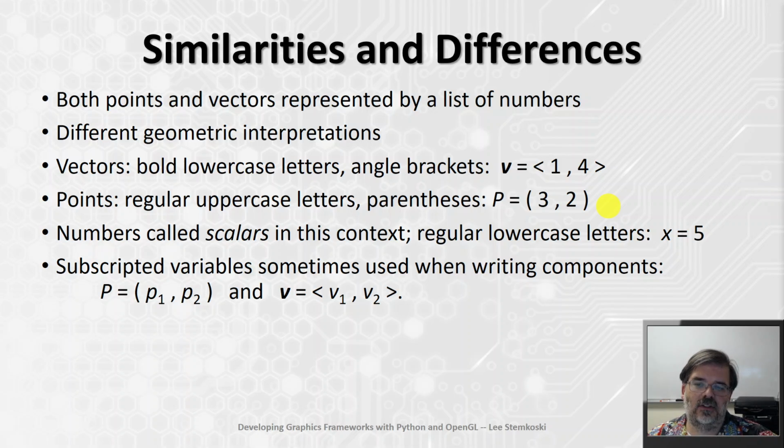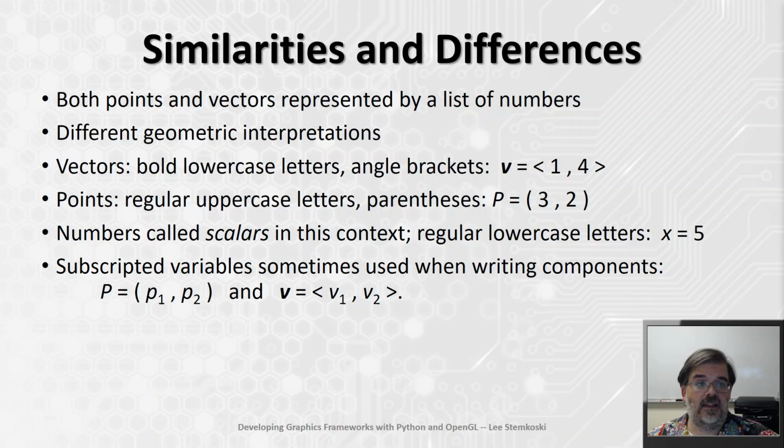And in this context, to avoid any confusion, just a single number by itself is often called a scalar, and those will be represented with regular lowercase letters, such as x = 5. And if we're using a lot of variables, we will often use subscripts to distinguish the different components of a vector, so we don't run out of letters. So for example, I might represent the point P with components P1, P2, or the vector v with components v1 and v2.